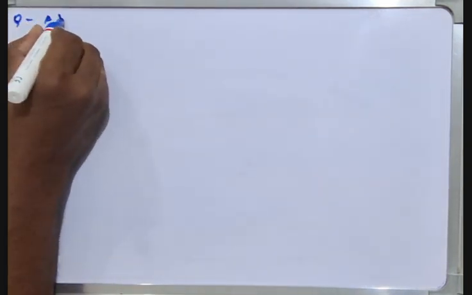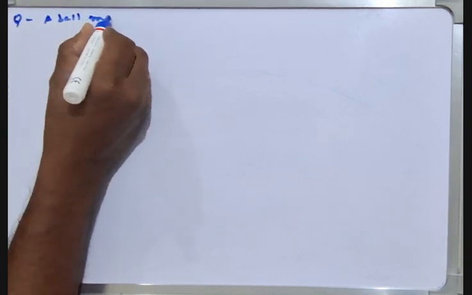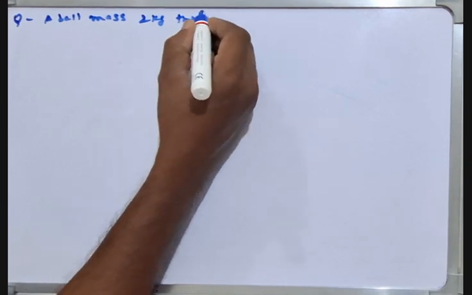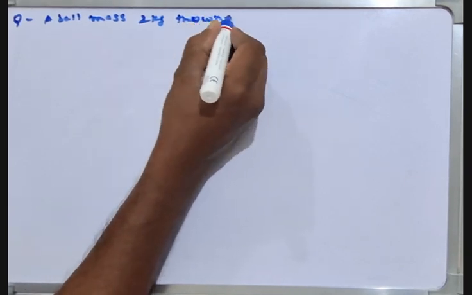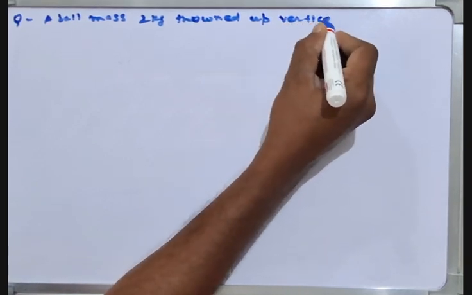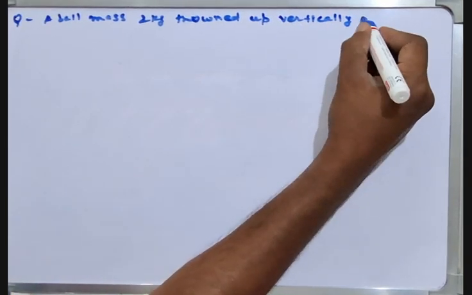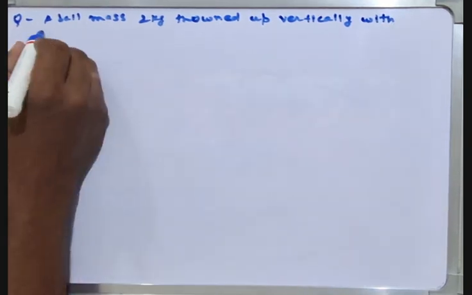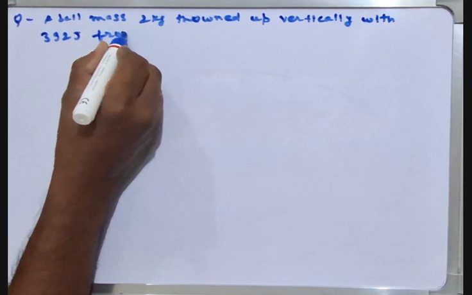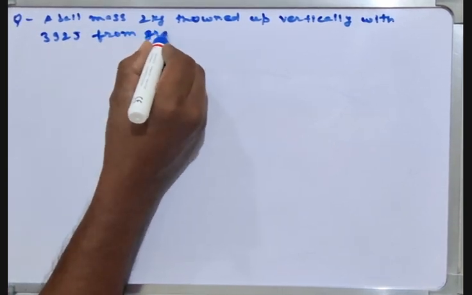Guys, the question is: a ball of mass 2 kg is thrown up vertically with 392 joule from the ground.